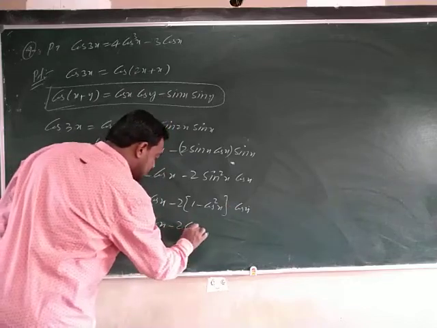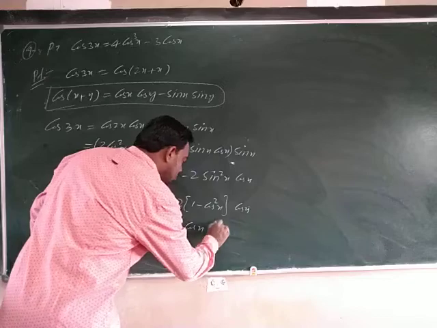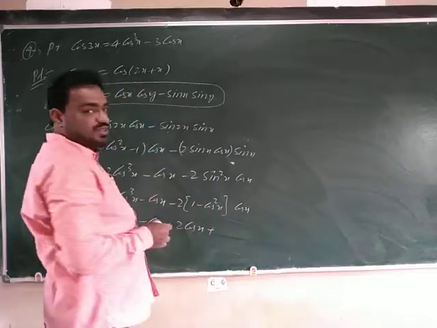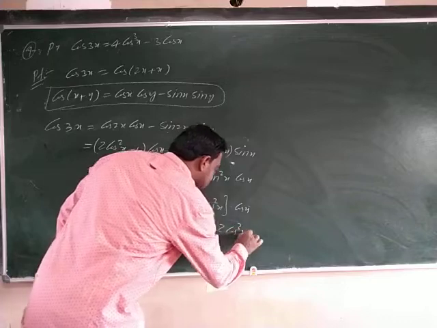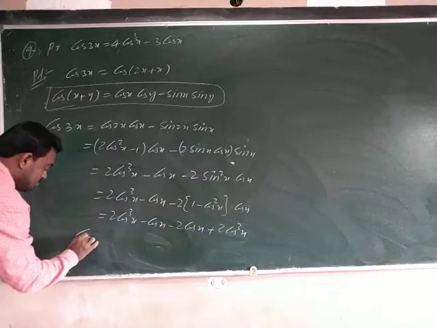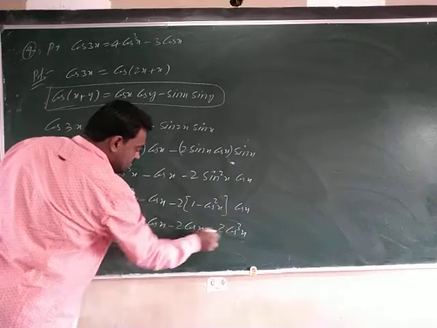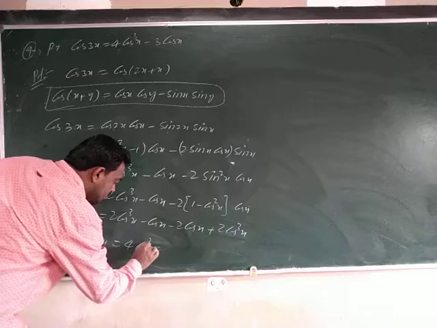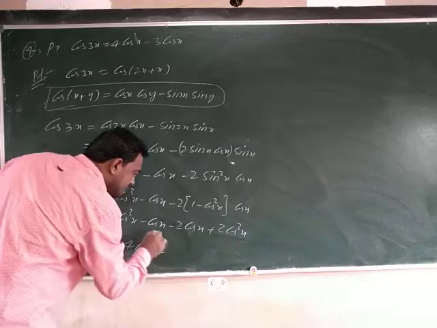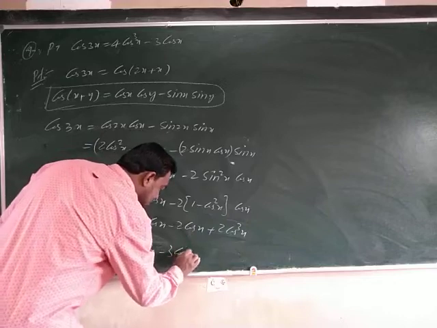So minus 2 cos x, and minus into minus plus 2 cos square x into cos x, 2 cos cube x. Total, cos 3x is equal to 2 cos cube plus 2 cos cube, total 4 cos cube x minus cos x minus 2 cos x, minus 3 cos x.